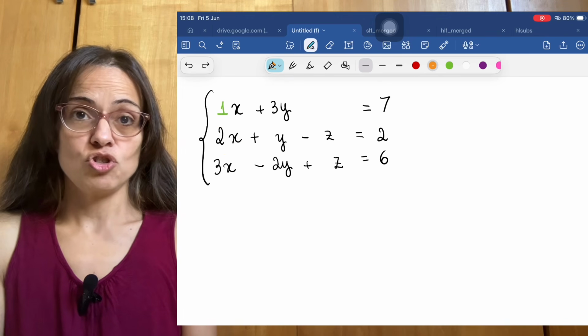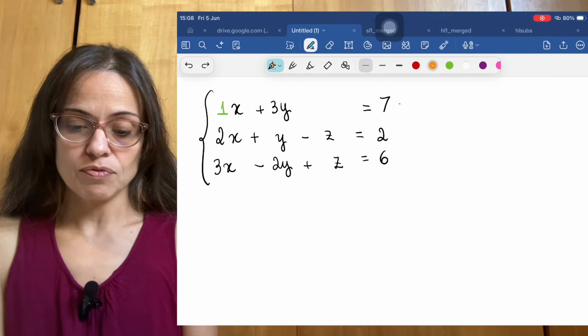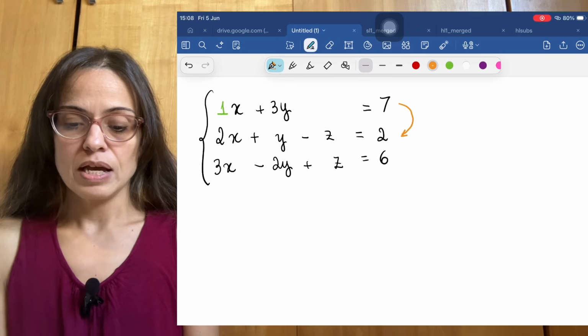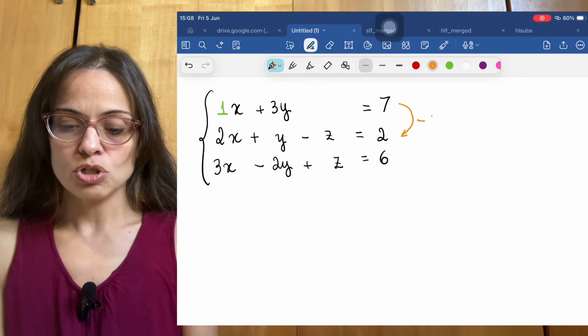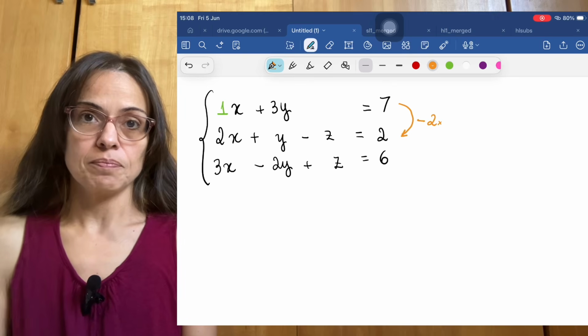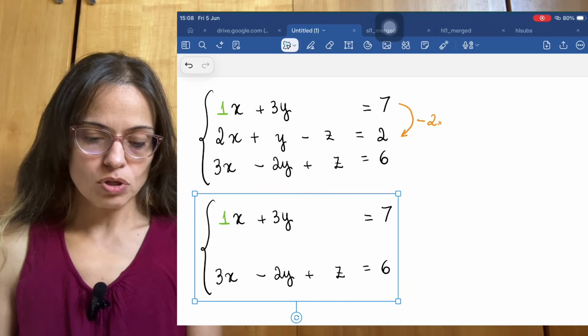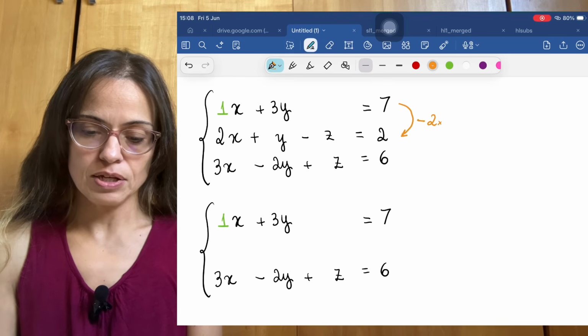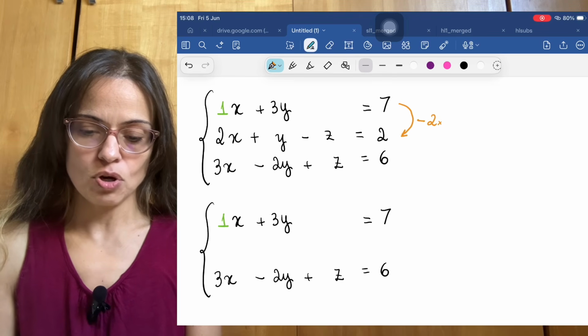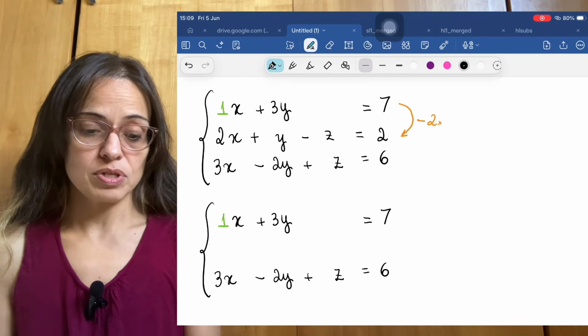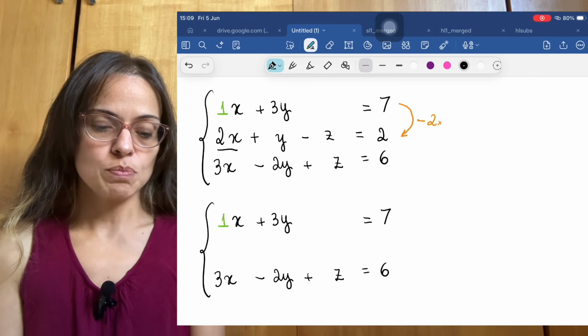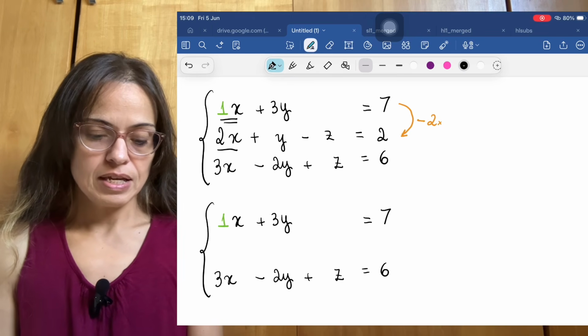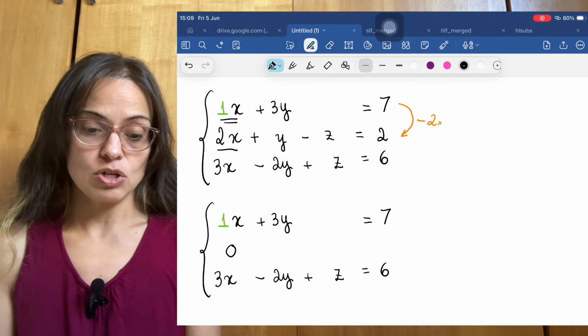Of course, I can't just do that on its own. I have to take the whole line and do minus 2 times the first line. As I do that, I am not going to change anything at all in the first line and the third line, so that's just a copy of them. And now let's see what's happening to the second line. 2x minus 2x is 0, and that was intentional.